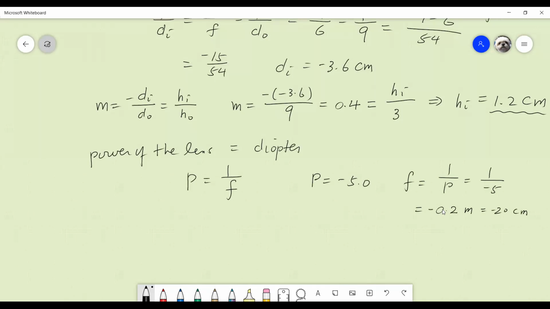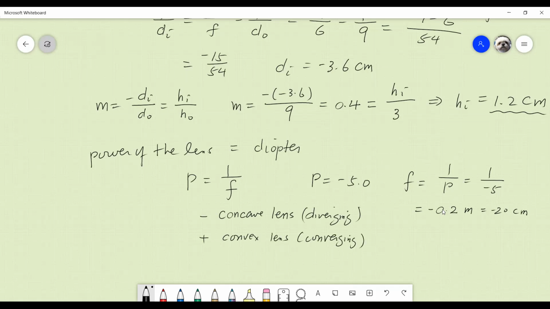Remember, negative means concave, or a divergent lens. Positive means convex, a convergent lens.